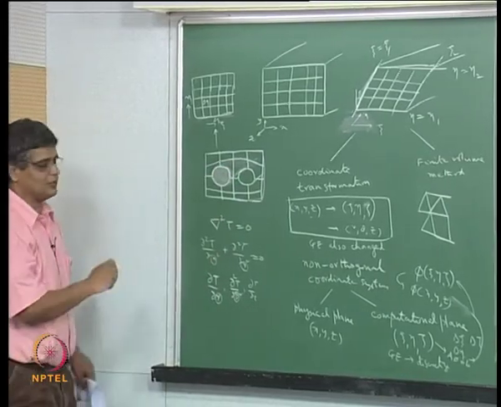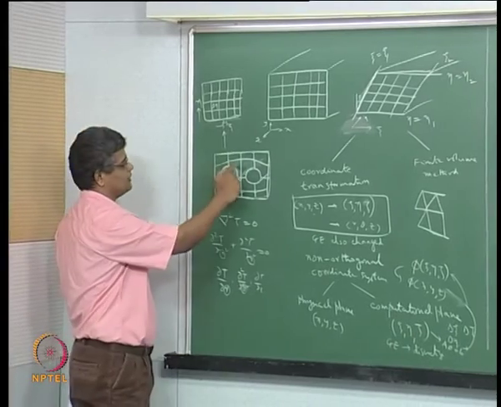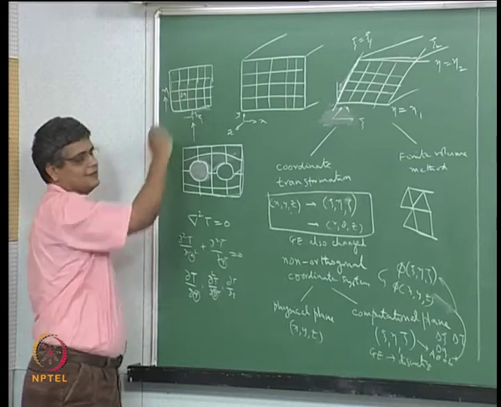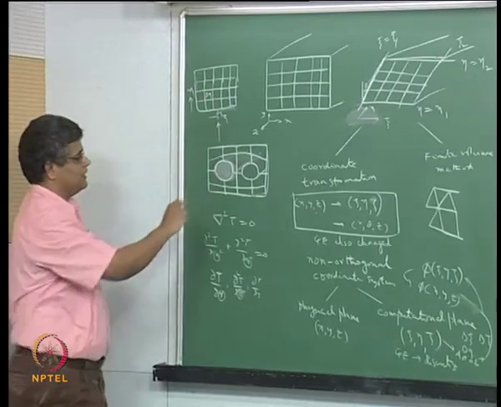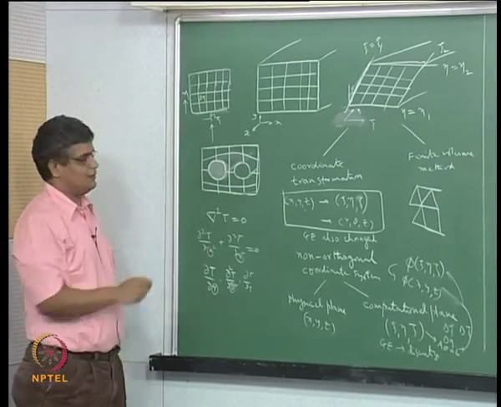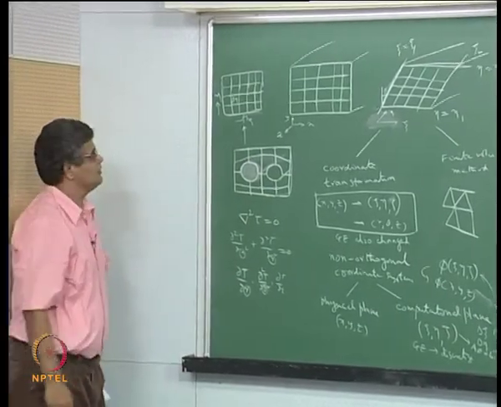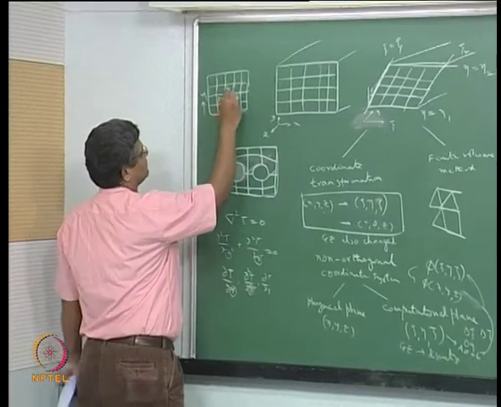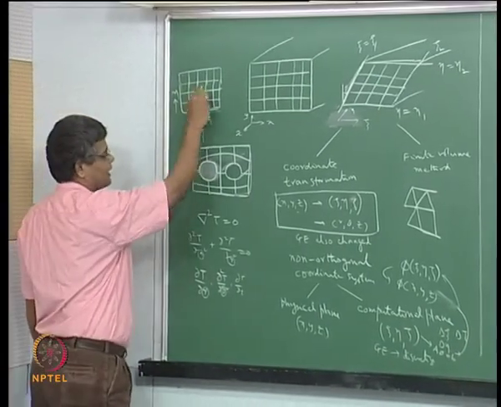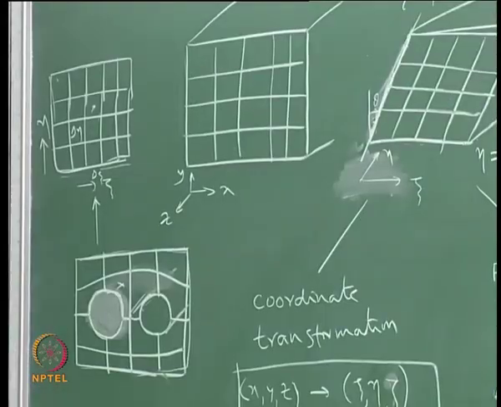This represents that particular volume. So the shape in the computational plane is nice and easy, but the same thing is made to correspond to the real complicated shape in the physical domain. As a result, we may get something like the velocity at this point, and that point corresponds in the physical plane to some point here.